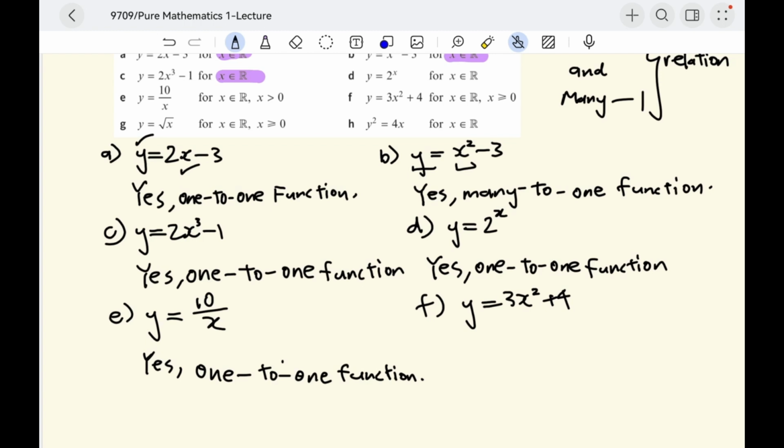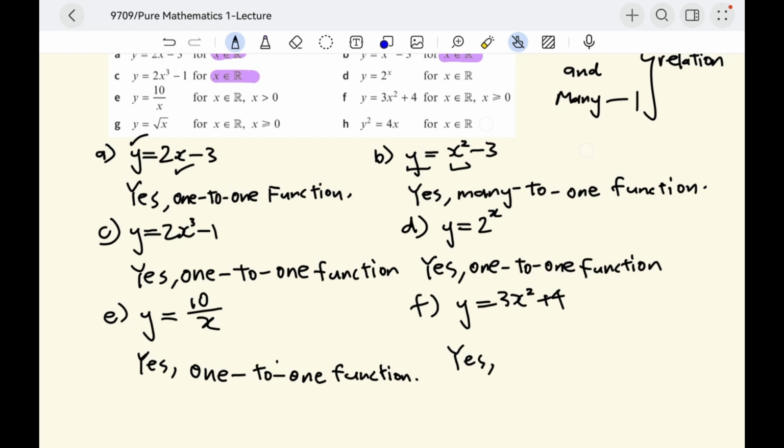So it is a function, obviously, and for this quadratic function, you need to sketch the graph first, just before you interpret whether it is a one-to-one or many-to-one function. So your graph will look like this.